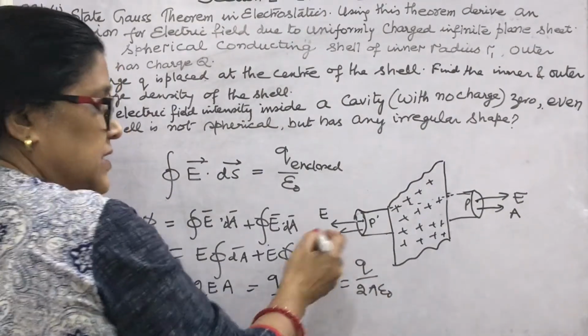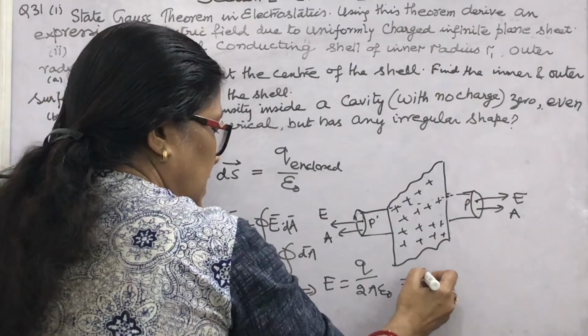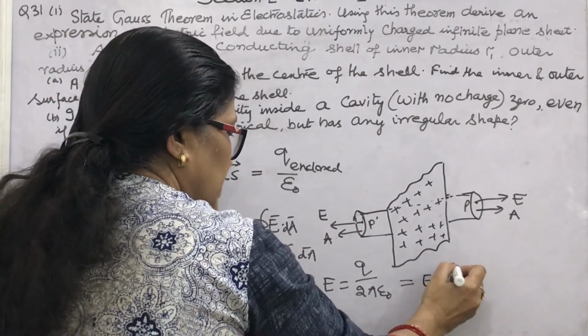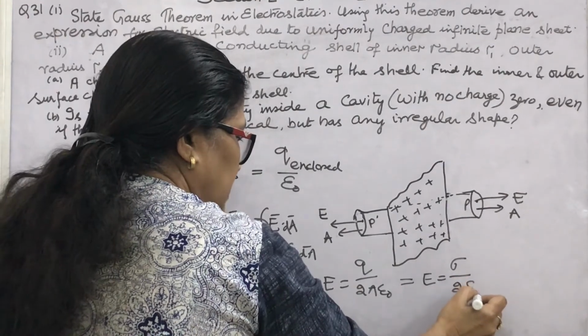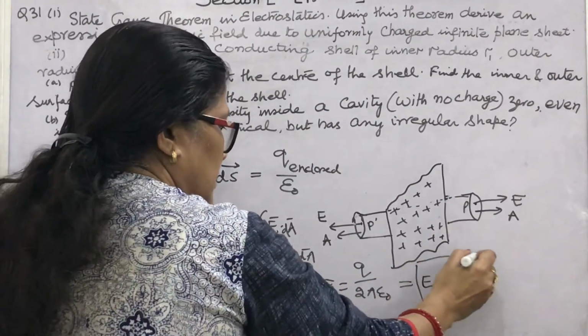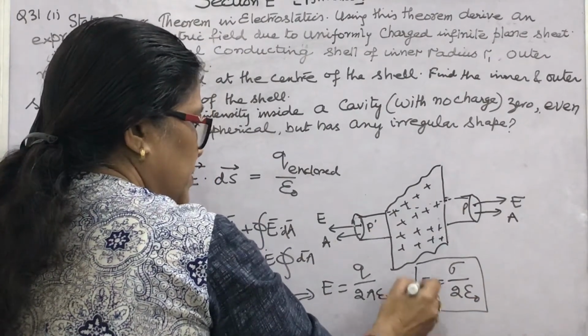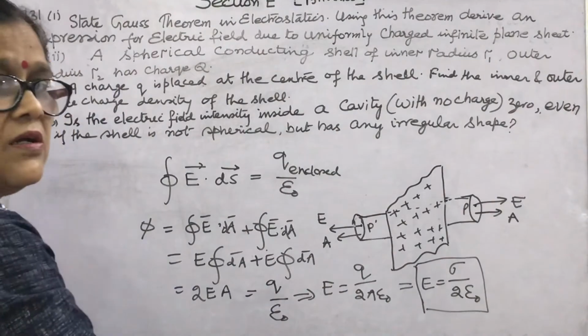Q upon A is the surface charge density sigma, so you can also write E equal to sigma upon 2 epsilon naught. This is the magnitude of the electric field for a point very near to the sheet.